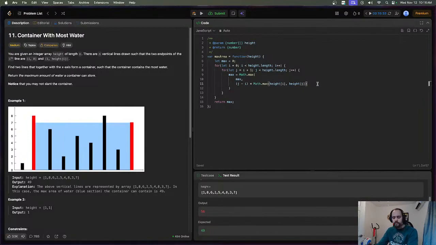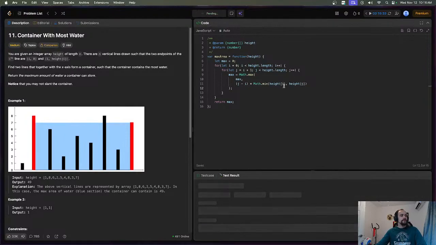So my idea essentially here was we're going to go through each and every single combination, and the volume that we can fit is going to be the distance between them times the shorter of the two.